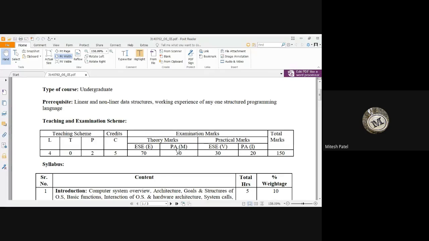Then mid semester exam 30 marks, then practical viva 30 marks, and then PA internal term work, that is 20 marks. So whatever assignments, practicals, and some other tasks we will assign to you, you need to upload it. We will inform you where you need to upload. If you complete the task, then you will be able to get these term work marks.